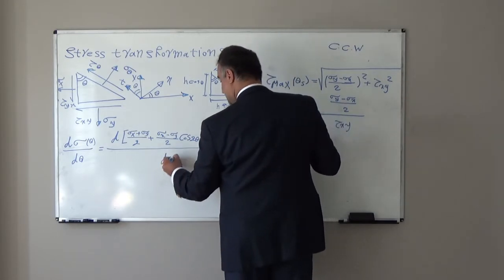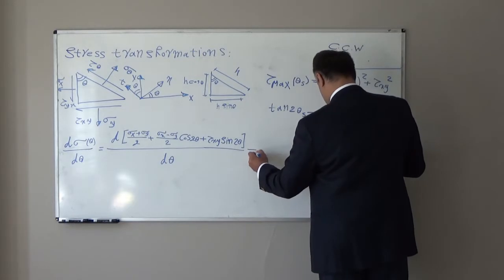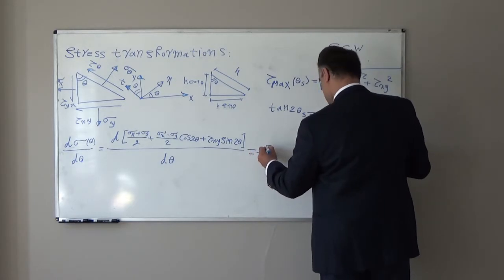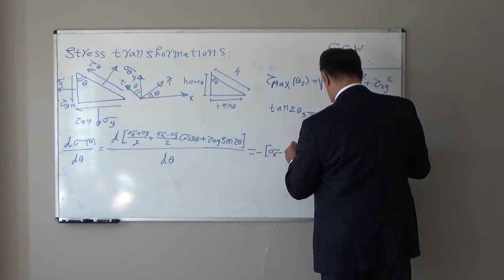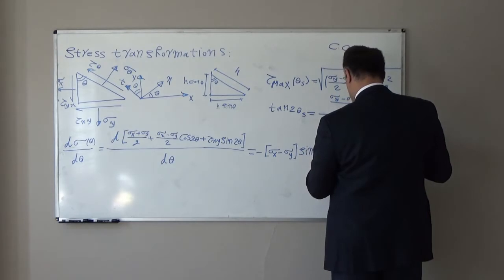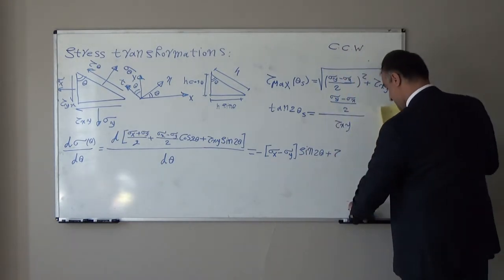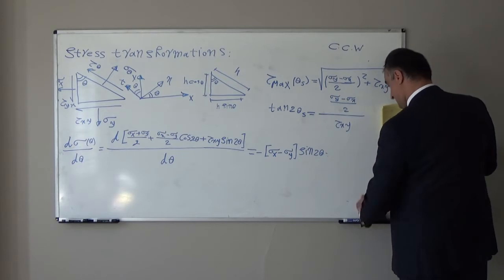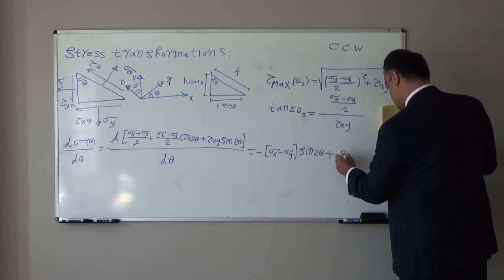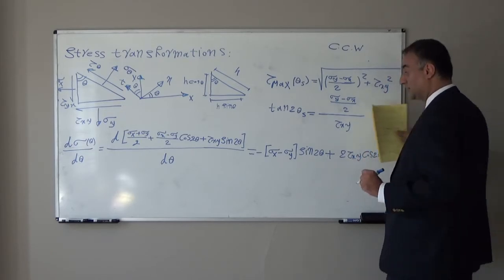If we take the derivative of this with respect to theta, that will be equal to negative sigma x minus sigma y sine 2 theta plus 2 tau xy cosine 2 theta is equal to 0.